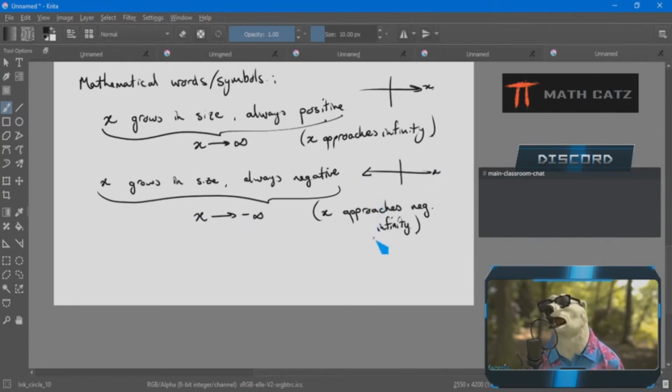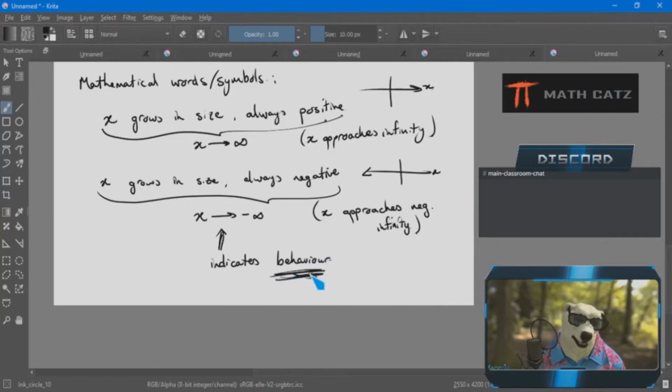So when we say x approaches infinity or negative infinity, it doesn't mean it's a destination it can ever get to. It's more a behavior, a direction. So this arrow here that I'm using indicates behavior. And that is a very important word moving forward.